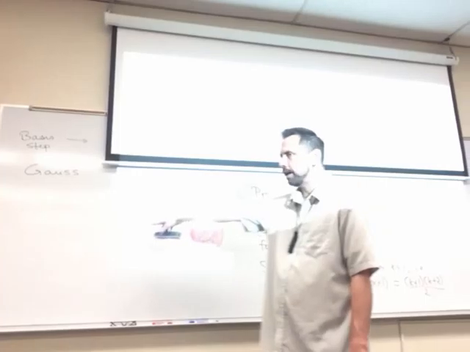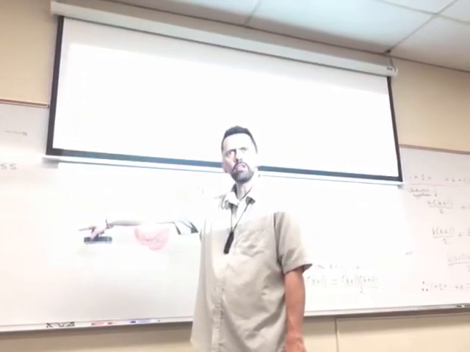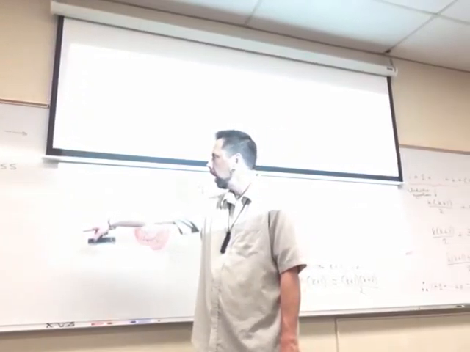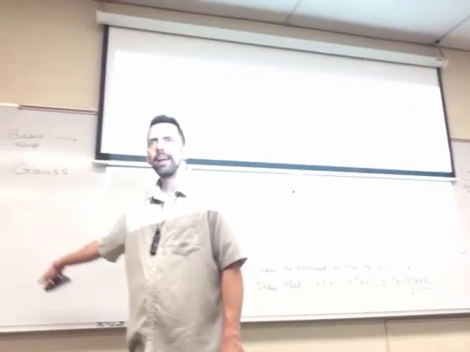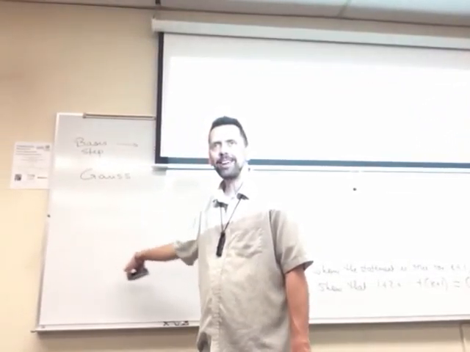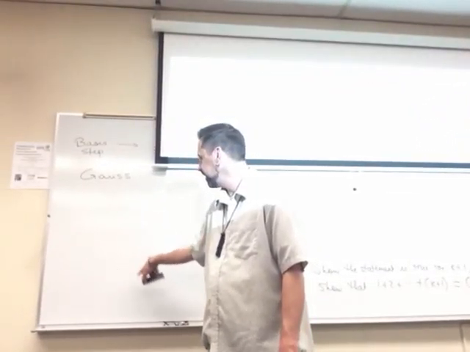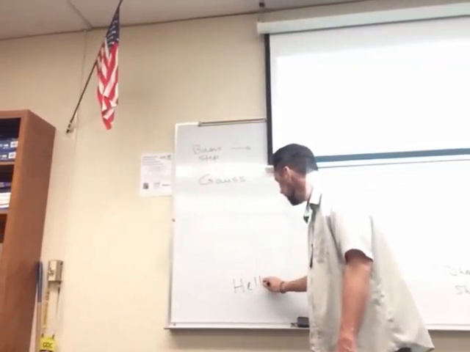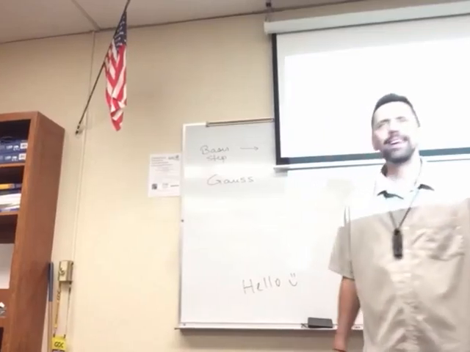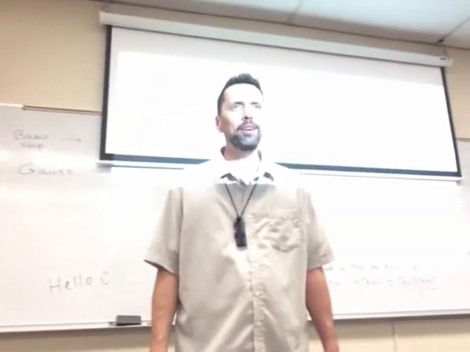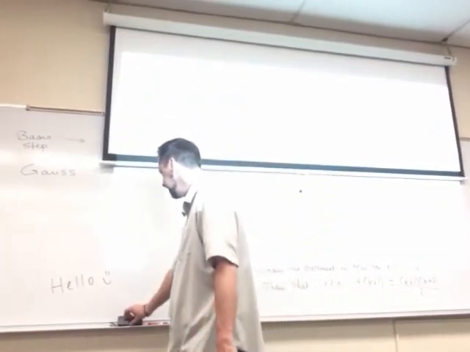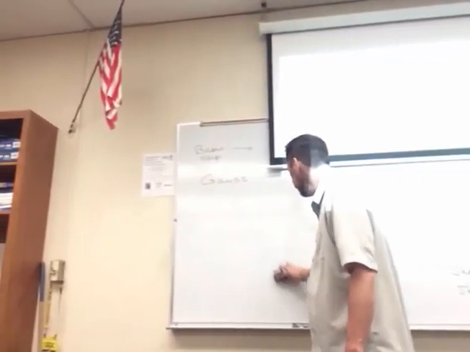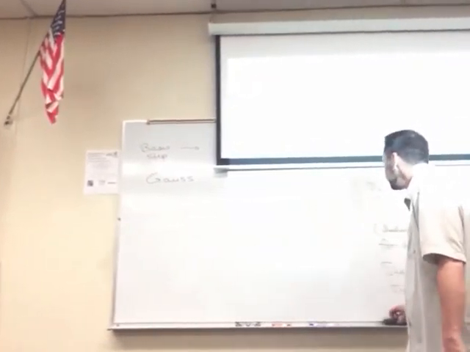We want to stay out of there because the podium blocks that. Can you guys see down here now? Can I write here? Can you see that? I just want to stay away from here.